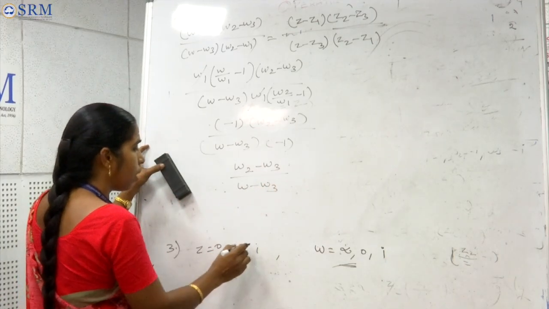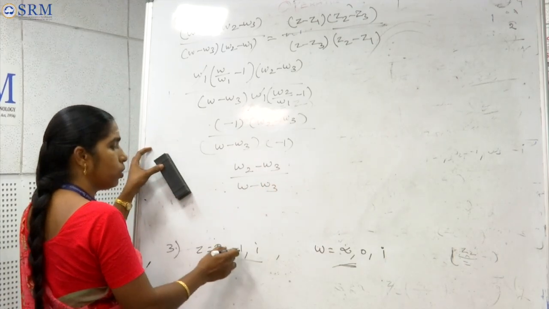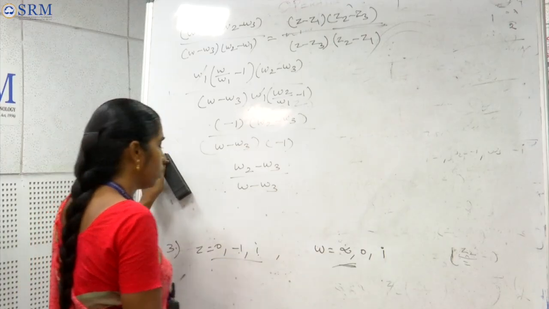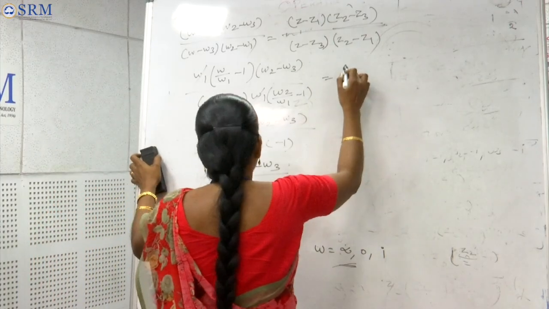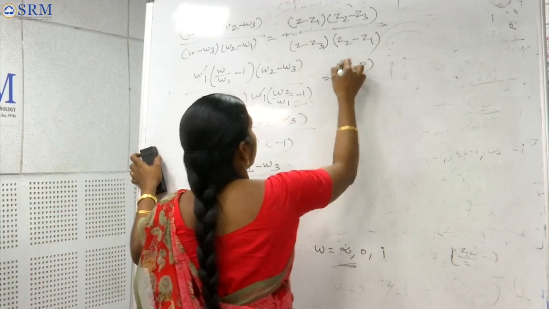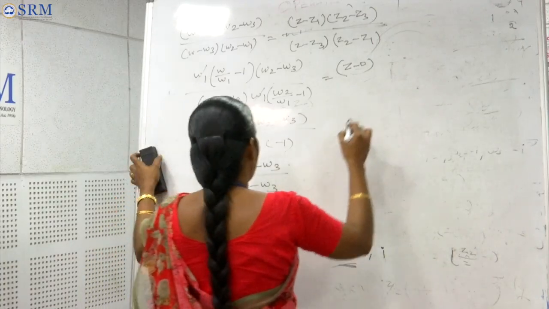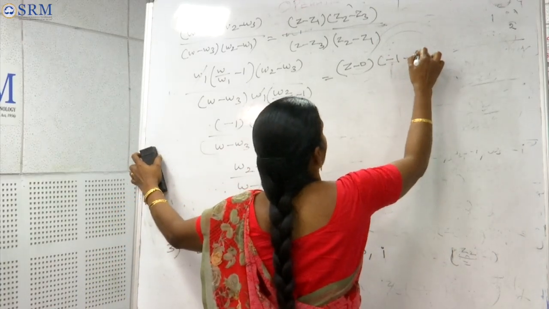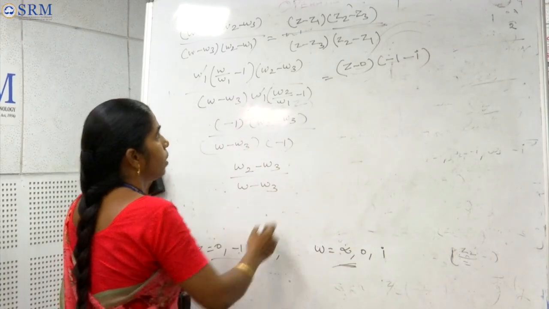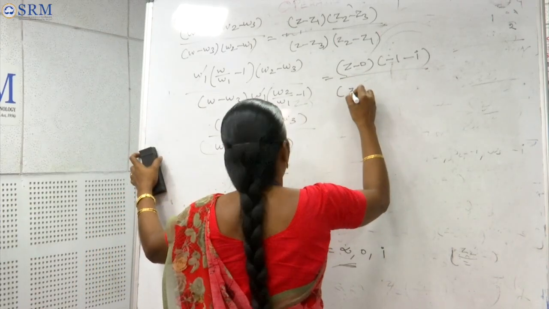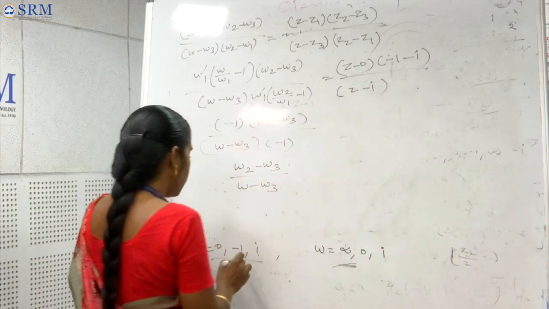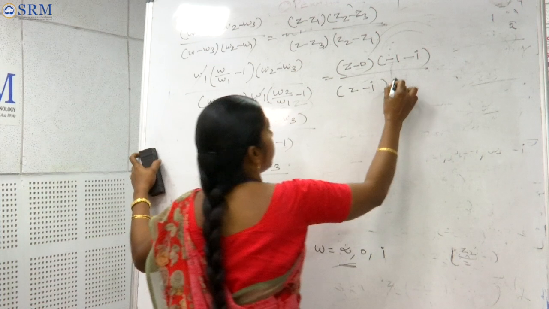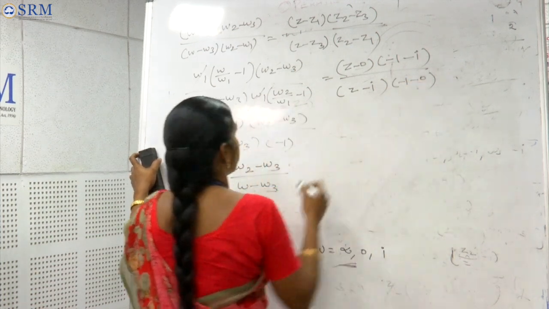But the right side has all the points. Z1 is 0, Z2 is minus 1, Z3 is equal to I. So that is equal to (Z minus 0)(minus 1 minus I) divided by (Z minus I)(minus 1 minus 0).